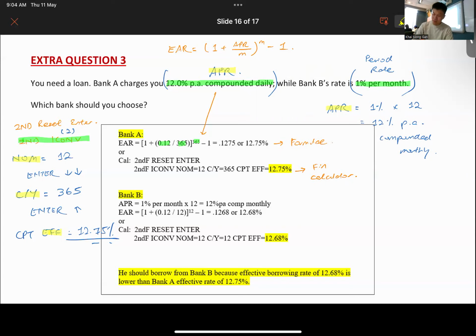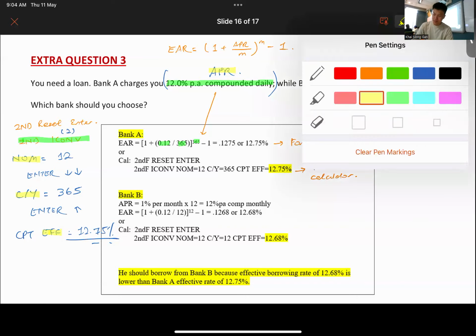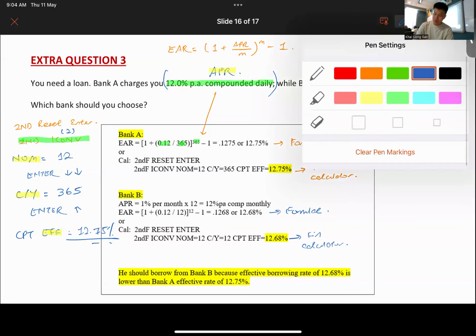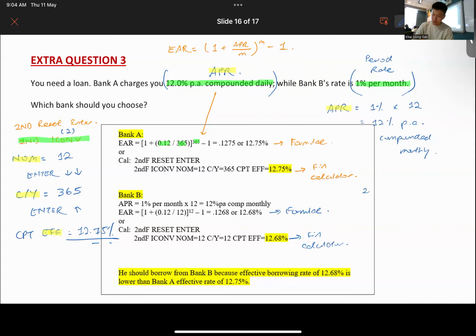Same thing here for Bank B. I already have my APR. This is the formula method, and this is the financial calculator method. Same thing: second, reset, enter.